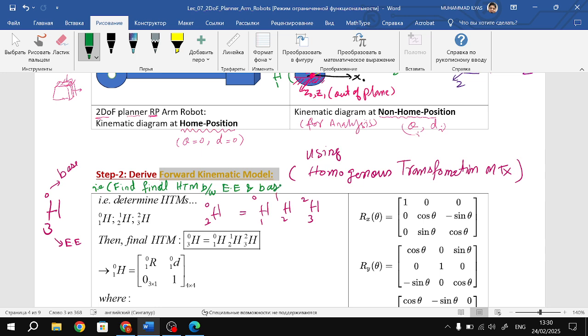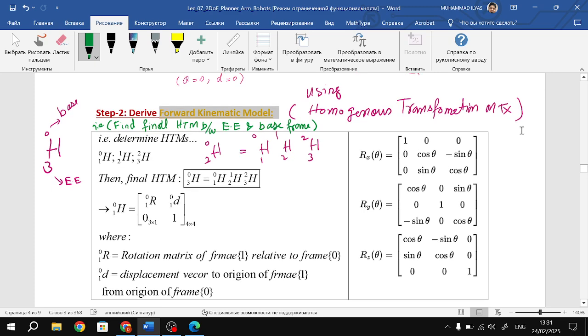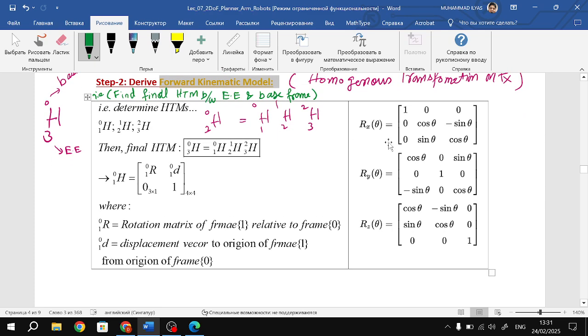So this is the meaning of forward kinematics, because if you find this final HTM between the end-effector frame and the base frame, what do you basically get? You get the rotation matrix between the end-effector and base frame, and the displacement vector between the end-effector and base frame. That is what you need. That is your forward kinematic model, right? So for this example, we'll do it step by step and try to find this 3 to 0 HTM.